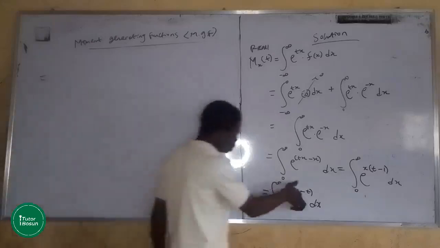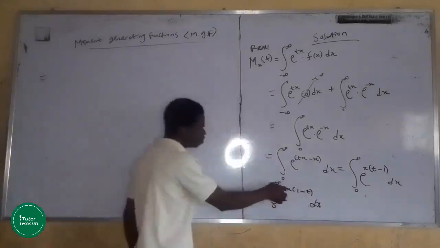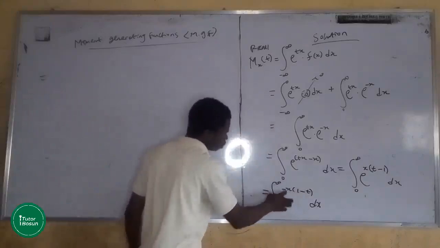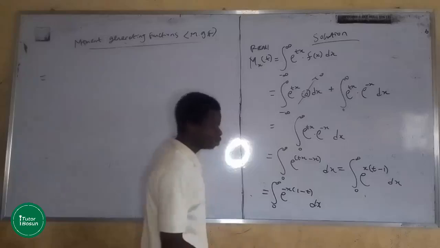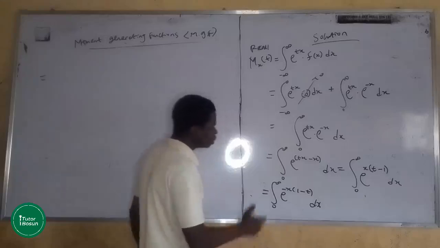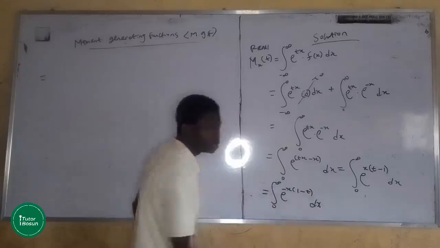So if we differentiate minus x into 1 minus t, we should be having minus 1 minus t.